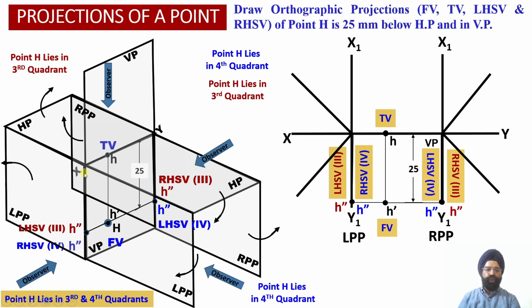But when we assume that the point H lies in quadrant number 4, the right side projections will be obtained on the left side onto the left profile plane, and the left side orthographic projections will be obtained onto the right profile plane on the right side available over here, indicated with blue color. Whereas when we assume that the point H lies in quadrant number 3, the left side projections will be available on the left side, and the right side projections will be available on the right side.